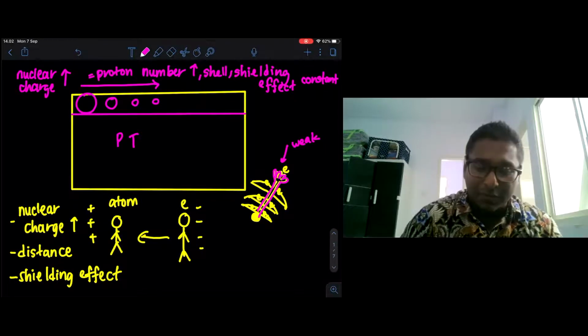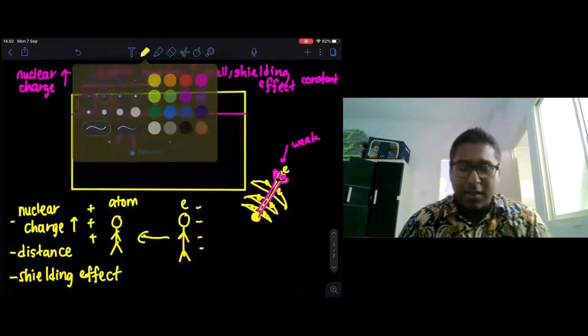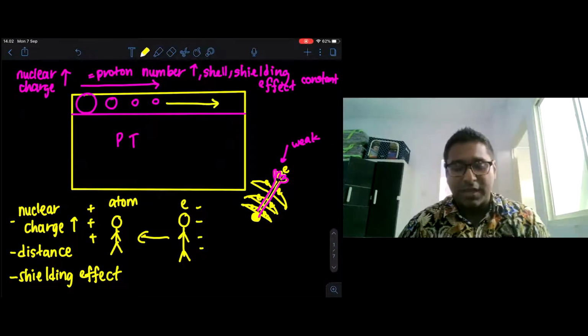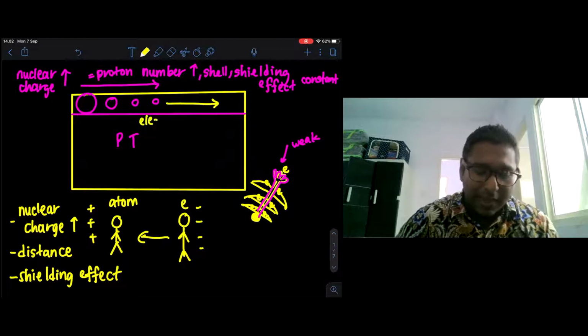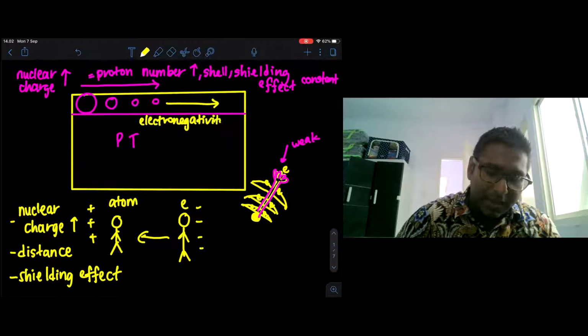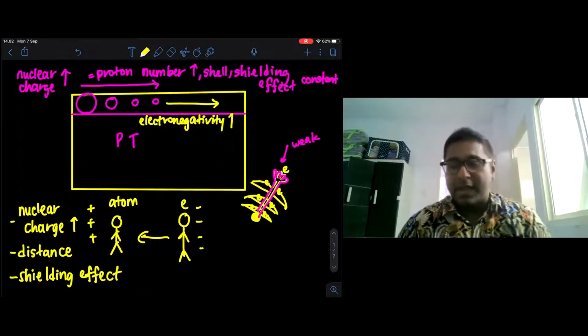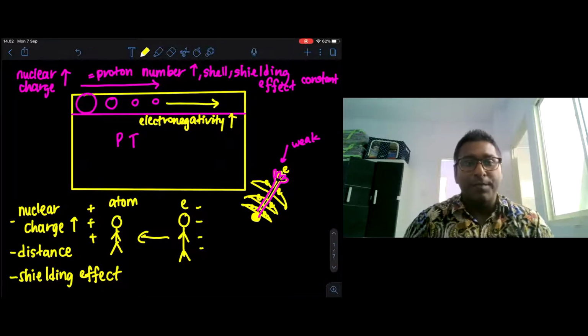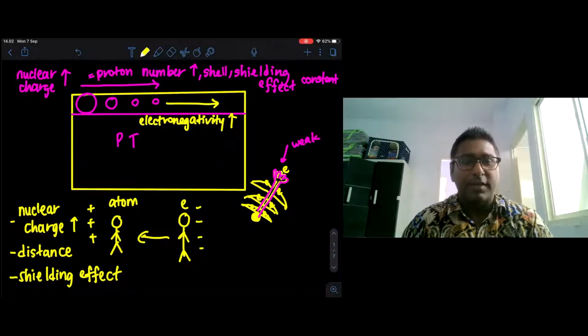When it comes to electronegativity, you can simply say that as you go across the periodic table, the electronegativity increases as well, because the ability to attract the covalently bonded electrons is more, since they are smaller and the nuclear charge is higher.